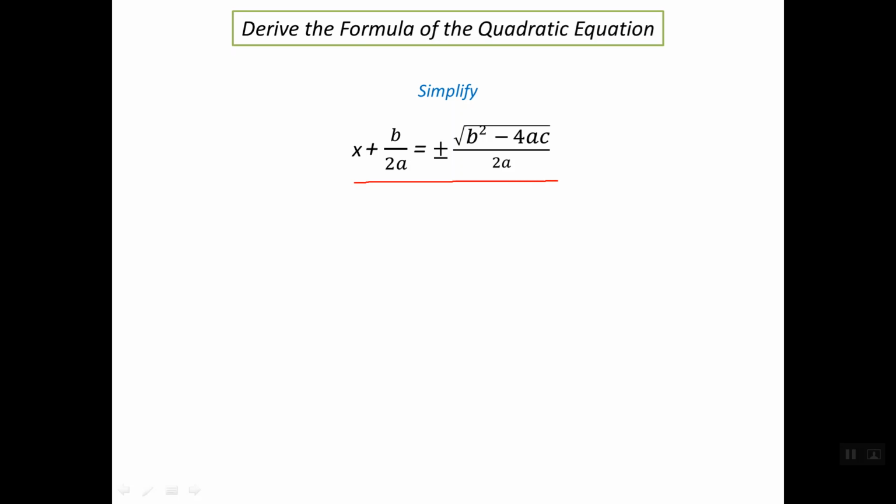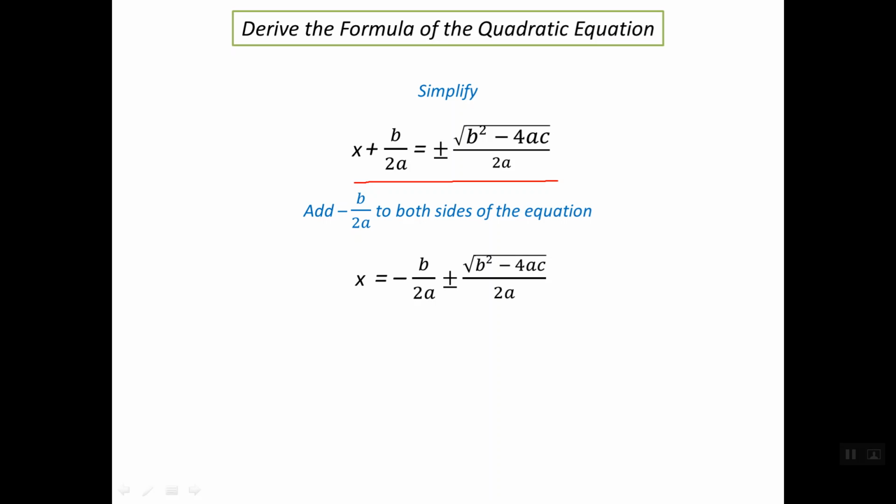Now we need to isolate the variable x, so we can add minus b over 2a to both sides of the equation in order to keep x alone. So now we have x equal to minus b over 2a, this is the added value, plus or minus the square root of b squared minus 4ac over 2a.